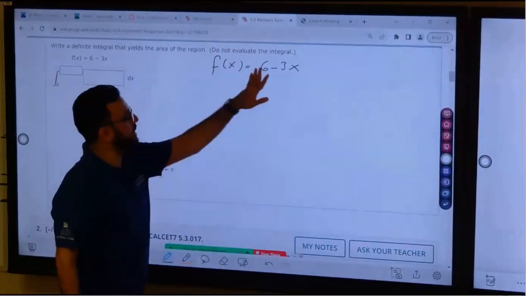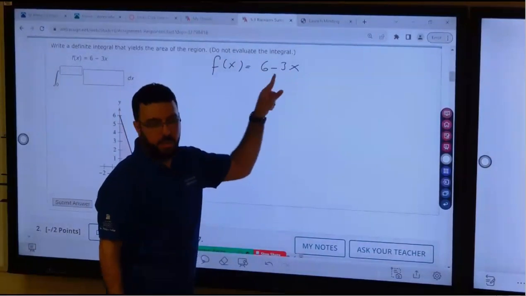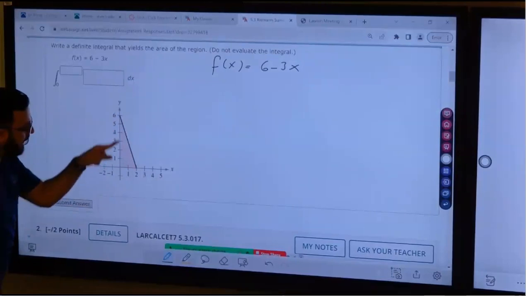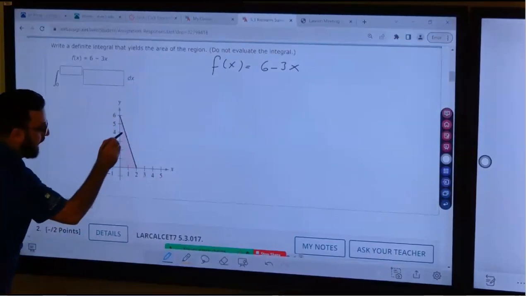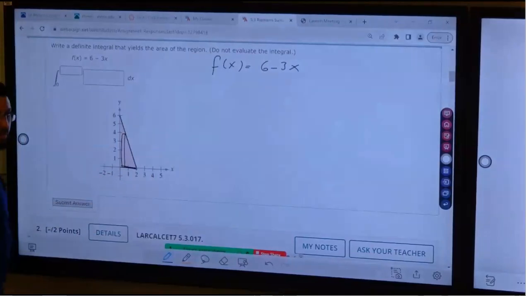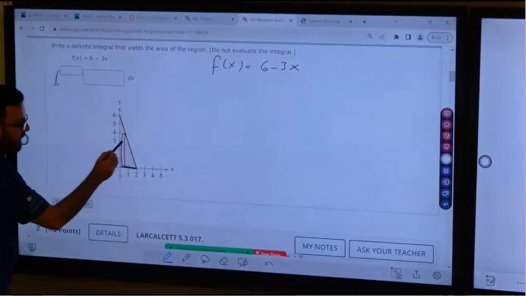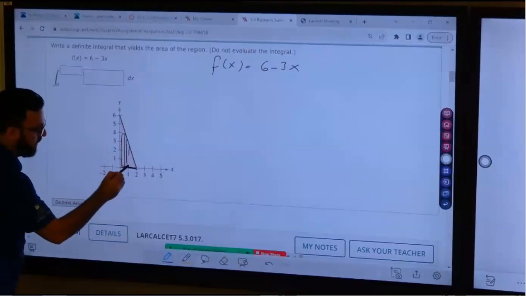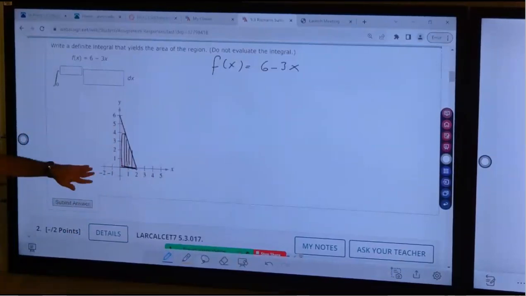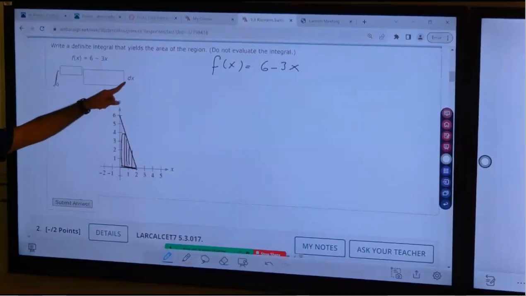So the function is written in terms of x. That means, if I look at the graph, can I draw the rectangles like this, on the x? I can. One rectangle, here's the second one, third one, and keep going, because I need to find the area here. That means if I need to set up the integral, it's for dx.